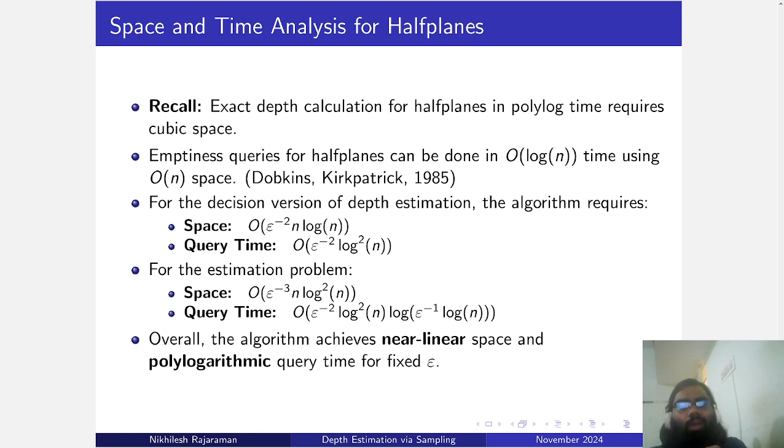To conclude, we've constructed an algorithm that achieves near linear space and polylogarithmic query time to solve this depth estimation problem for any fixed epsilon. That's a huge improvement over the cubic space that we needed for this same kind of guarantee if we want to do exact depth calculation. So we really do have a tangible improvement by going to emptiness and then using this randomness.